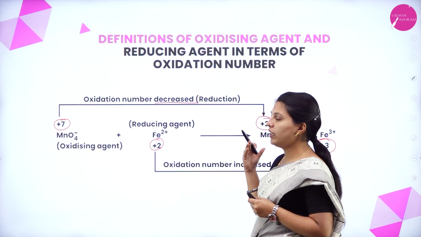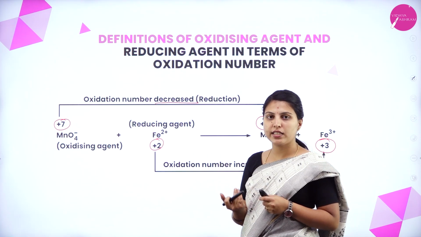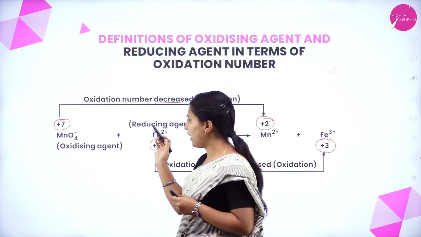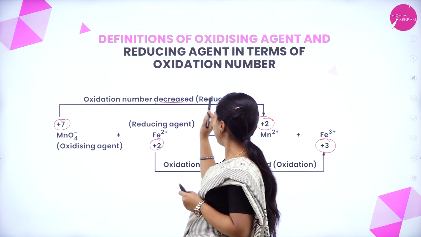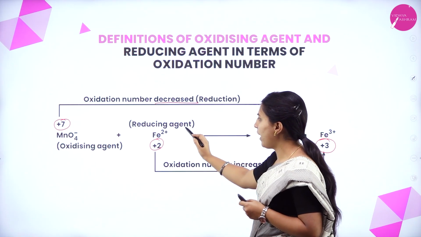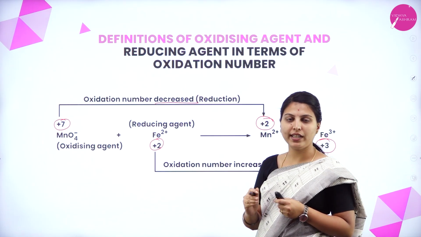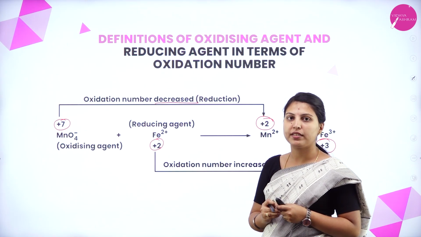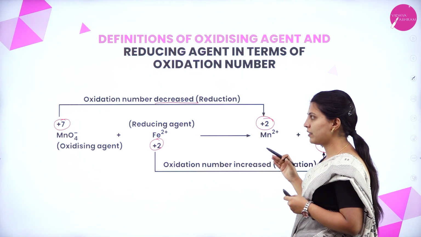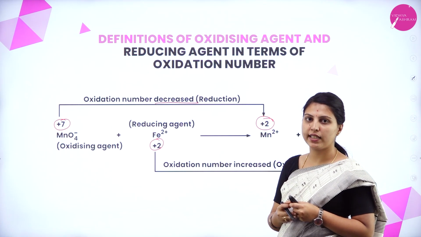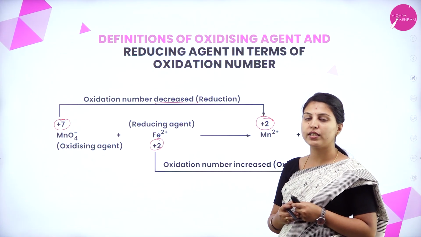When an oxidizing agent is added, reduction happens; when a reducing agent is added, oxidation happens. It is a little vice versa. So this is the best example to understand the definitions of reducing agent and oxidizing agent in terms of oxidation states.